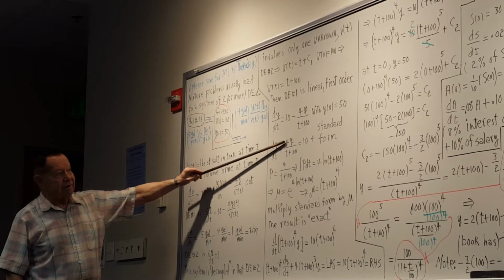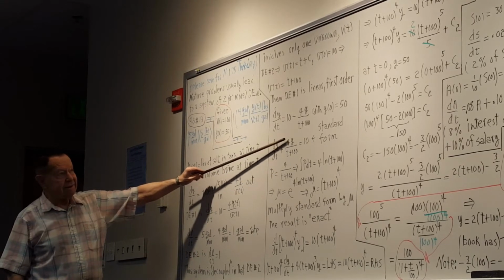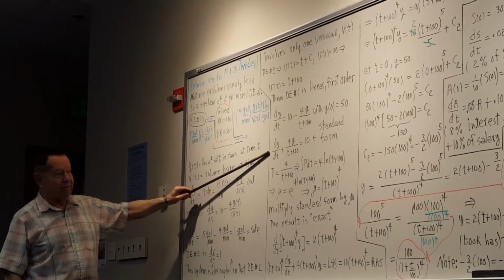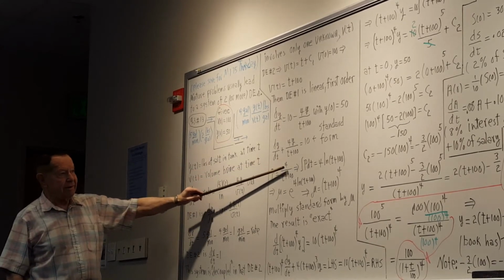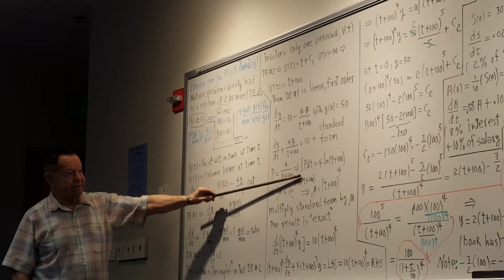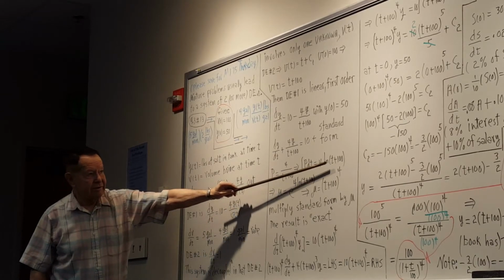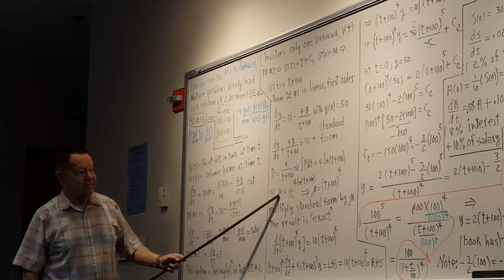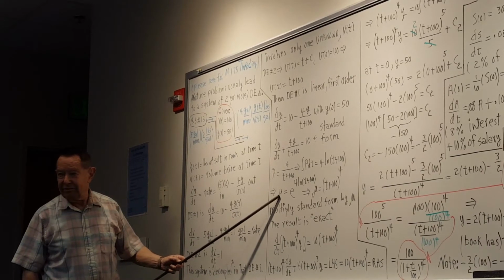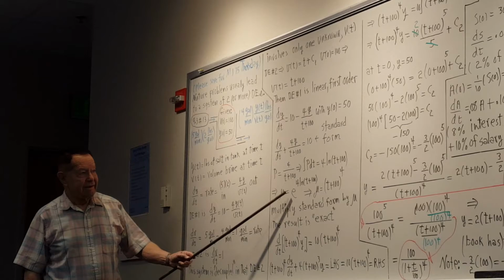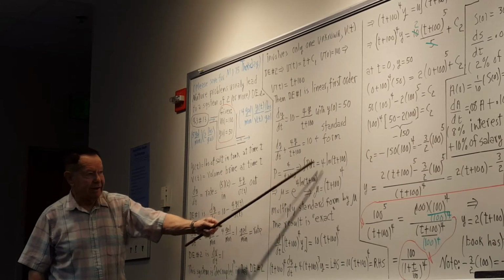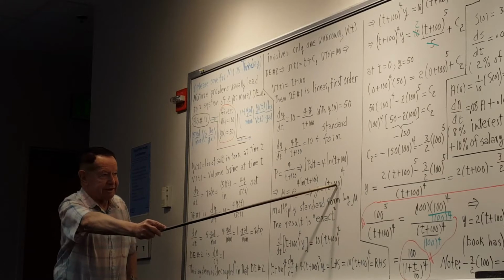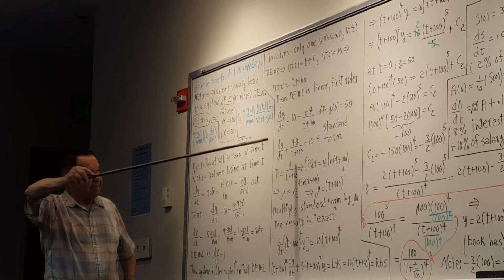Remember, P is the coefficient of y when this coefficient is 1, and you integrate that. So you get 4 log of t plus 100. Then the integrating factor, what we called mu last Friday, is e to that power, which simplifies to t plus 100 to the 4th power.